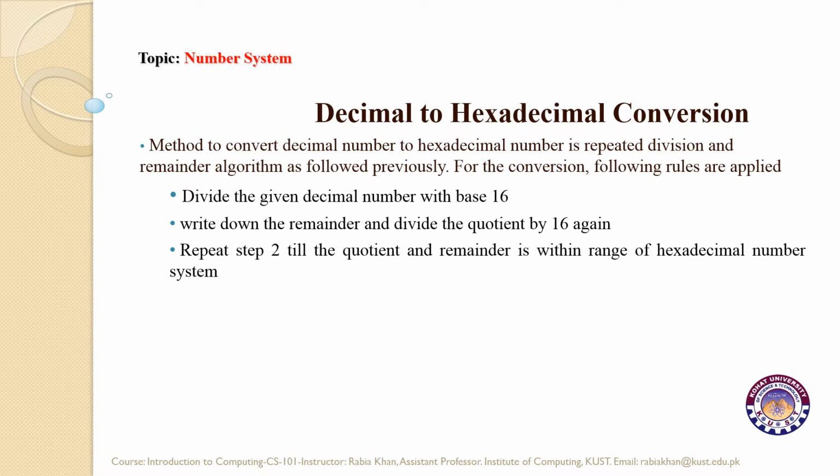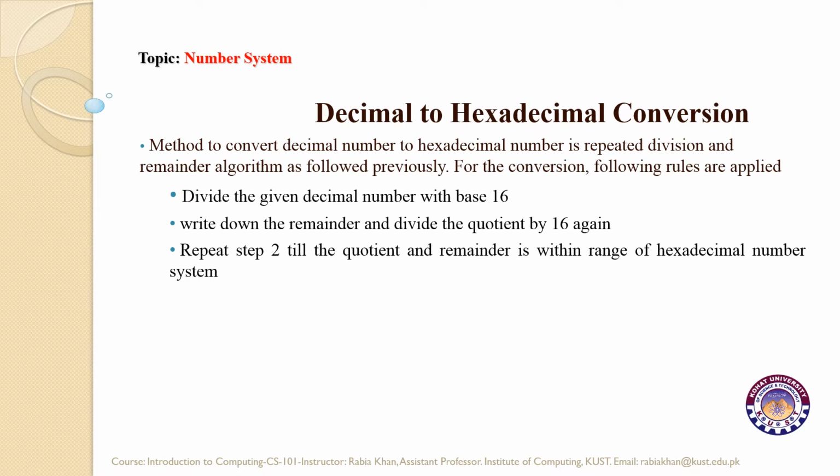It consists of 16 symbols in which 0 to 9 are the 10 digits, while the rest of the 6 digits have been replaced by 6 alphabets from A to F. Most digital computers use the hexadecimal number system to represent their memory addresses.